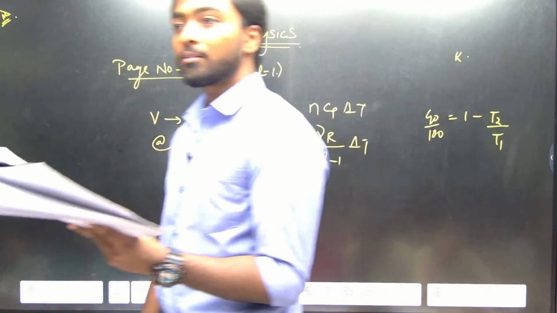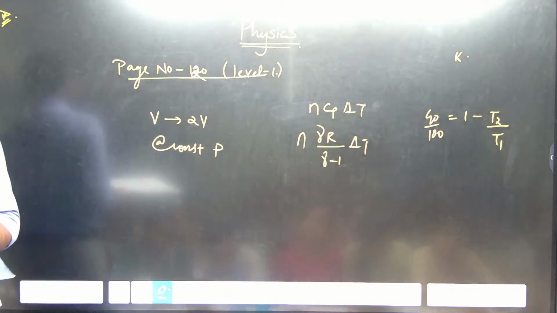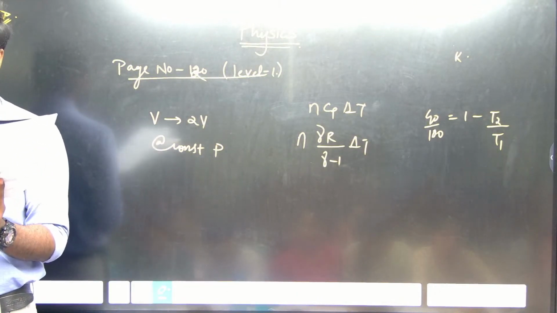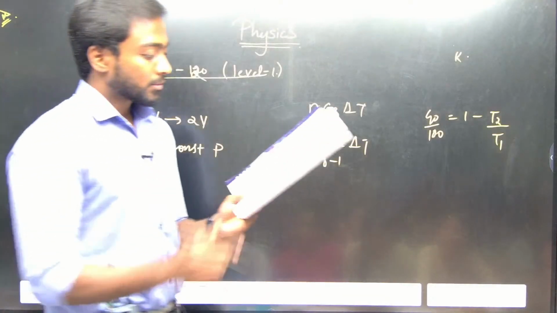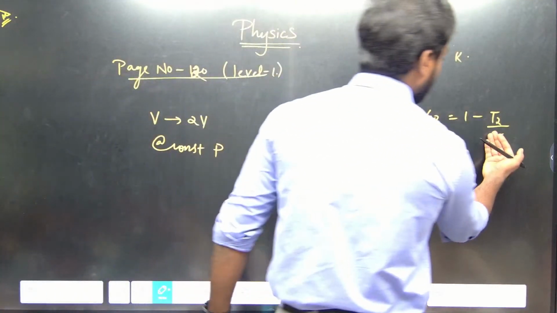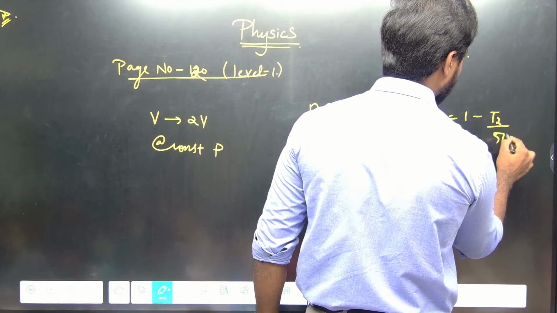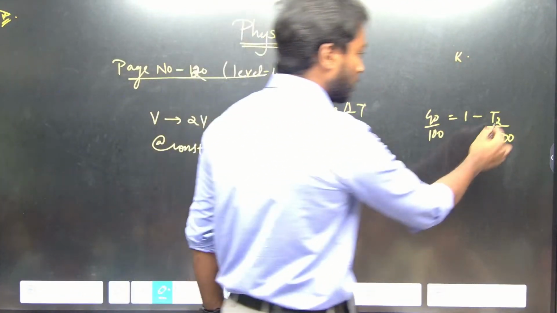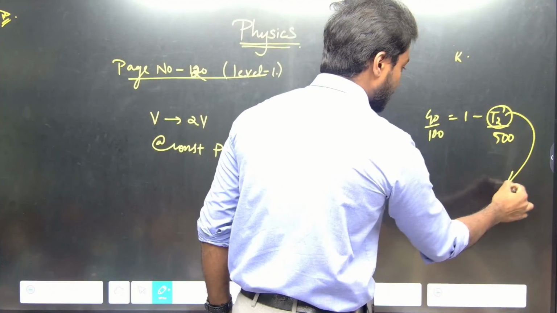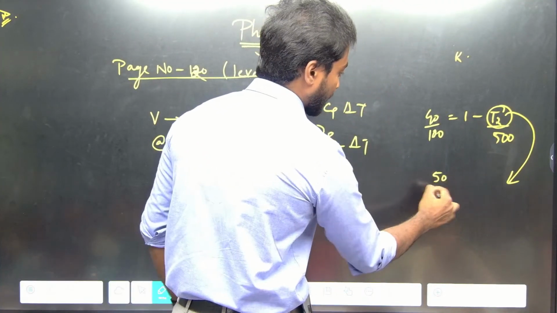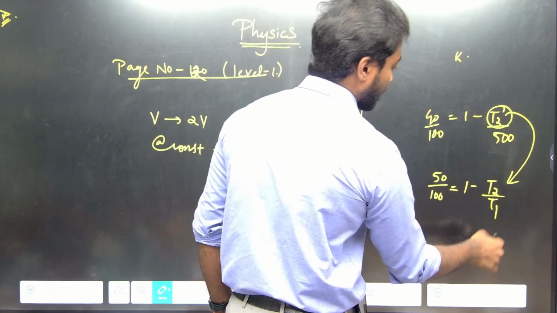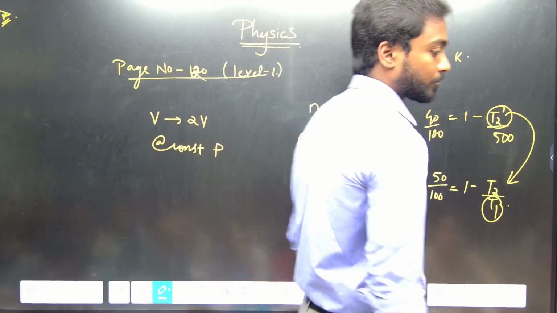Same exhaust means temperature T2 will be the same. Getting the point? So here T1 is 500. First I need to find T2. Then take this T2 with efficiency 50 percent, which should equal 1 minus T2 by T1. So T1 I need to find here.